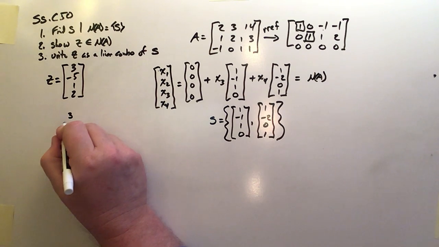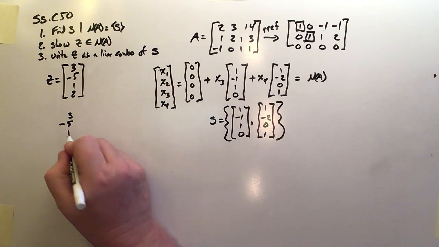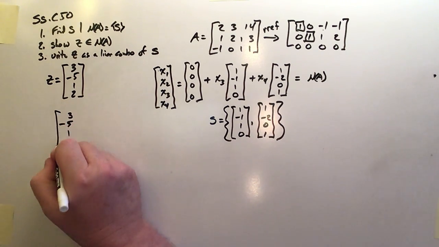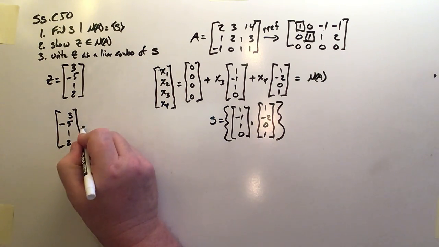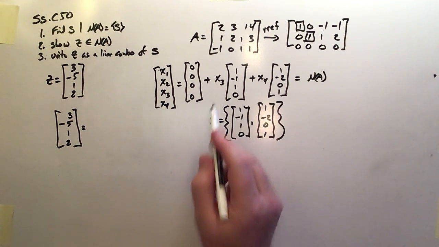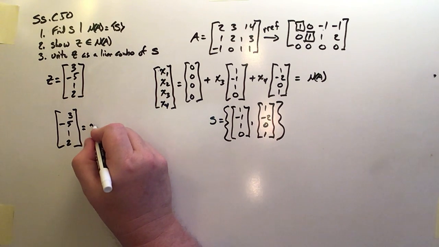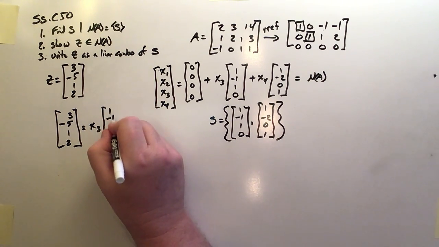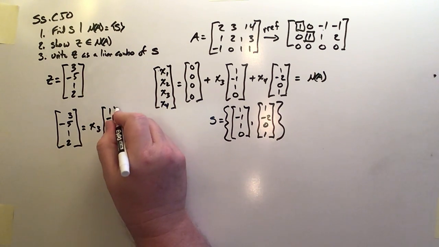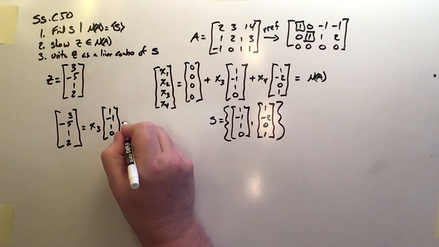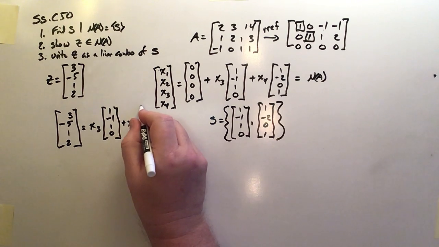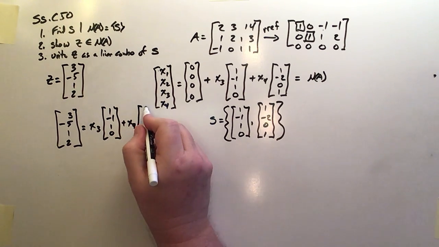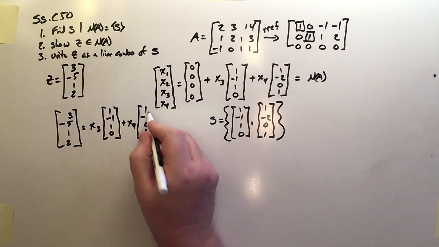So it'd be 3, negative 5, 1, and 2. And we want to see if that is equal to x3 times 1, negative 1, 1, 0, and x4 times 1, negative 2, 0, and 1.